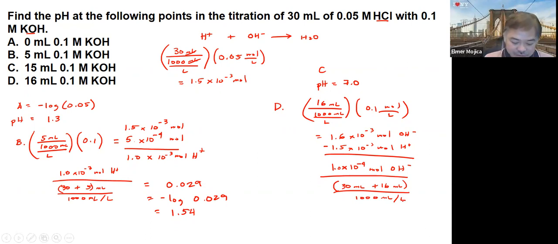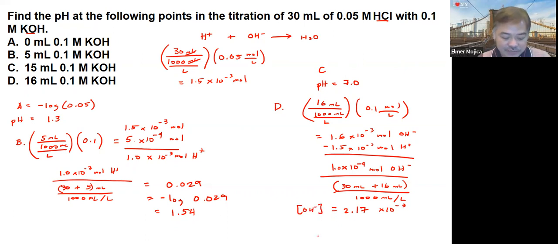So if you take 1 times 10 to the negative 4 divided by 46 divided by 1,000, since 30 plus 16 is 46, you're going to get a concentration of around 2.17 times 10 to the negative 3. This is the concentration of your hydroxide.